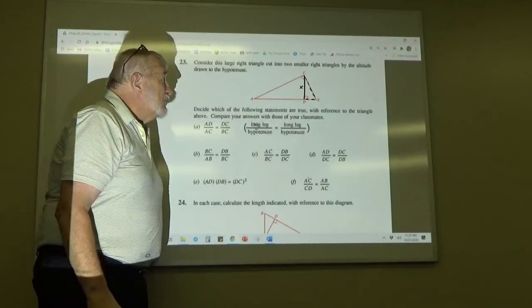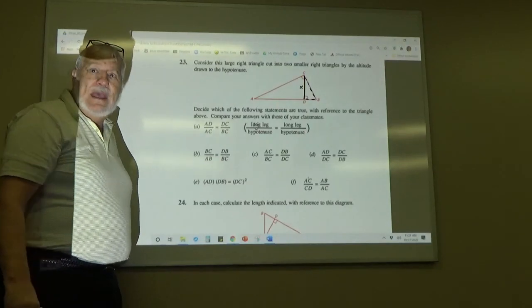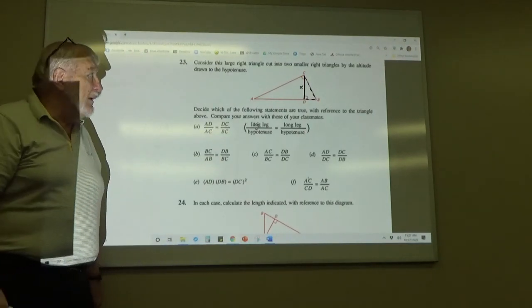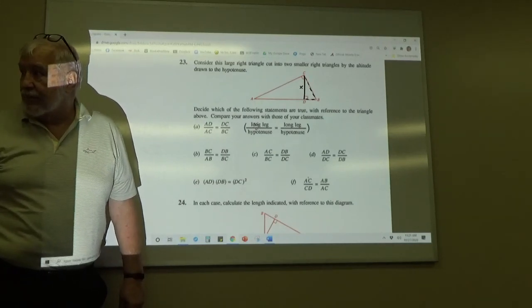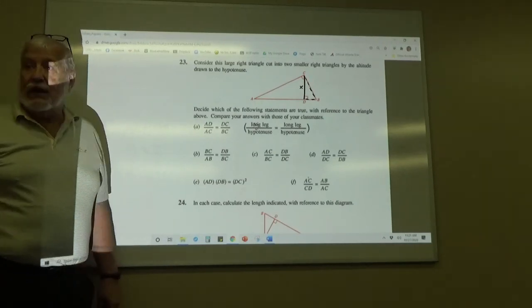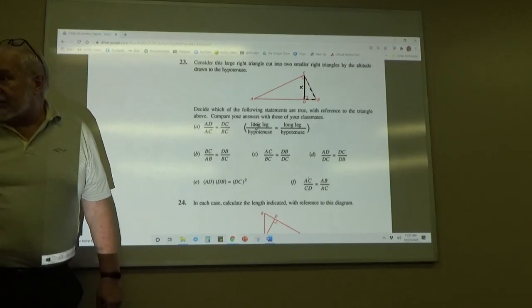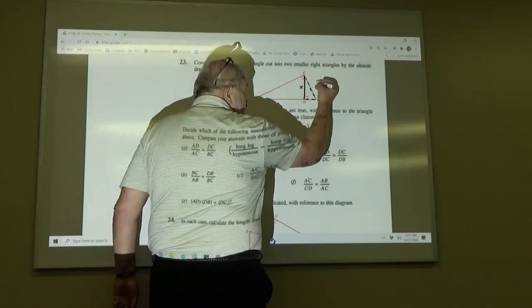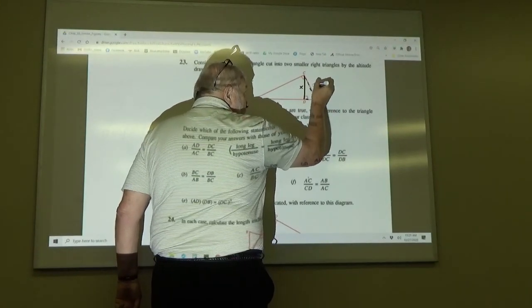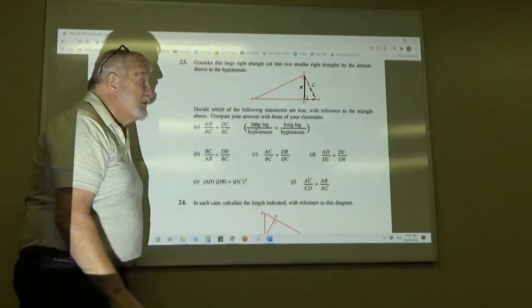In that small triangle, x would be part of the Pythagorean theorem, right? And it would be either the a or the b squared, right? And this is the c of c squared.